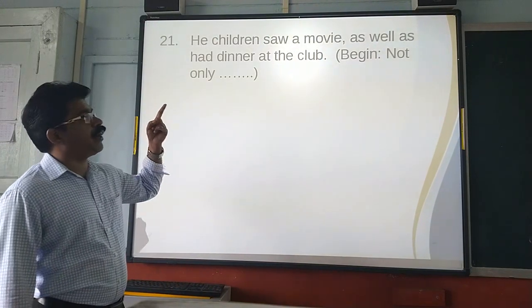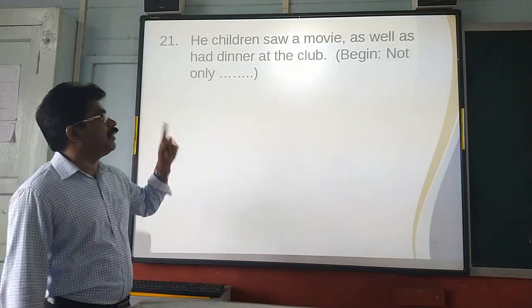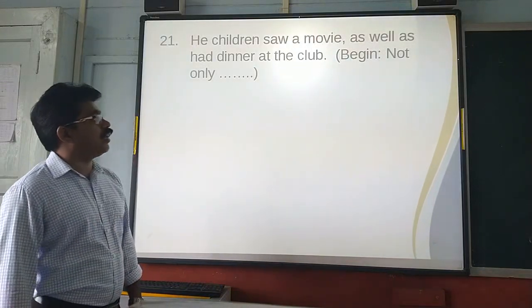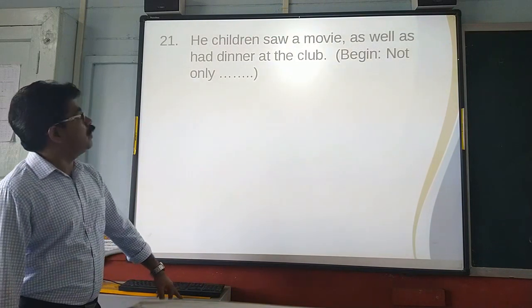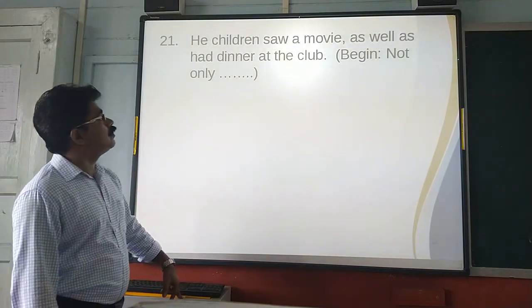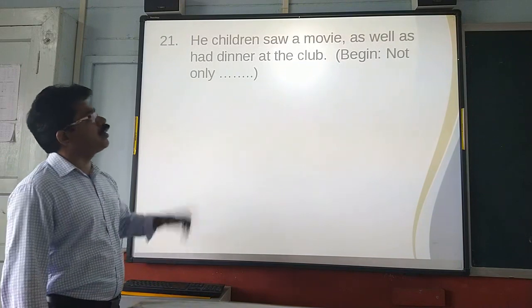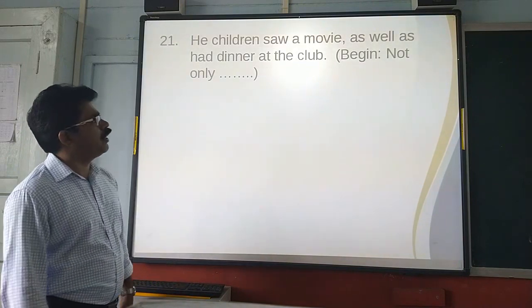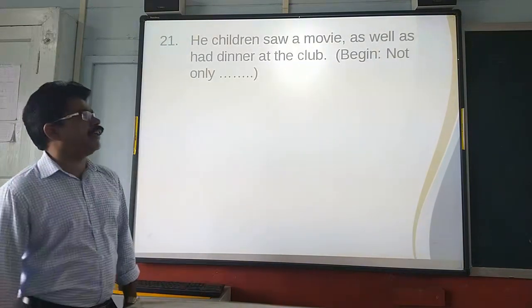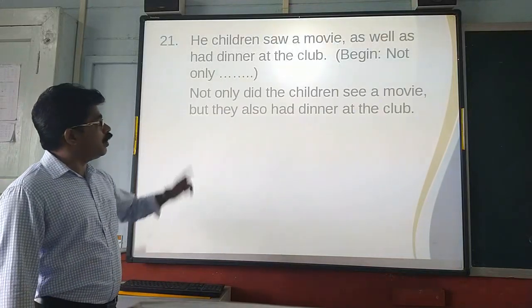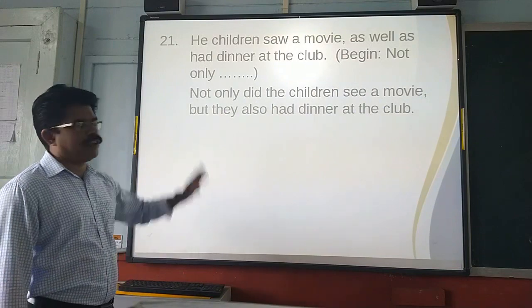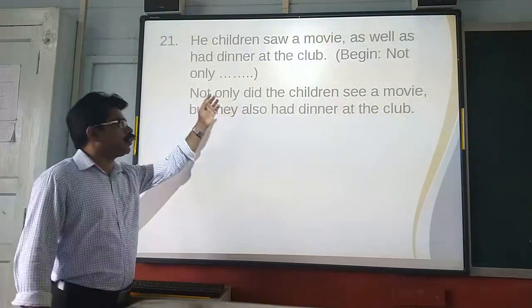The children saw a movie as well as had dinner at the club. One wrong word has crept in there. So let's put it that children saw a movie as well as had dinner at the club. Not only did the children, again this is another structure we may have to keep in mind.